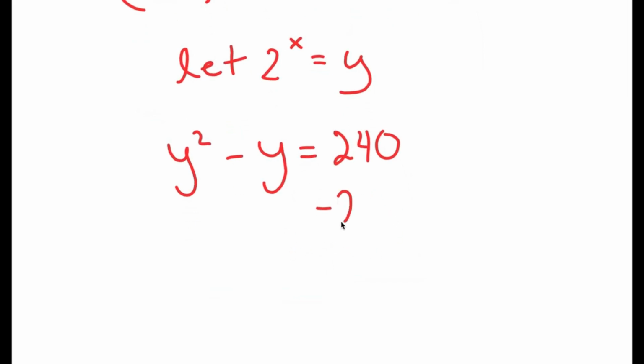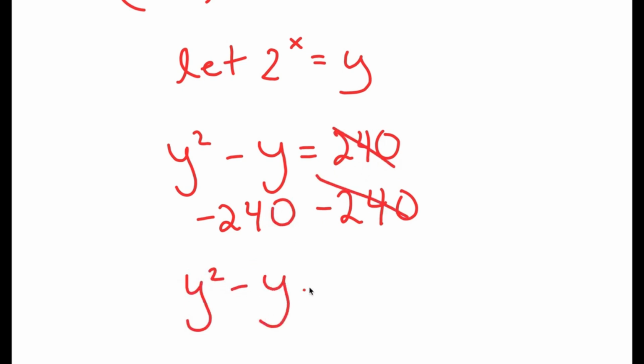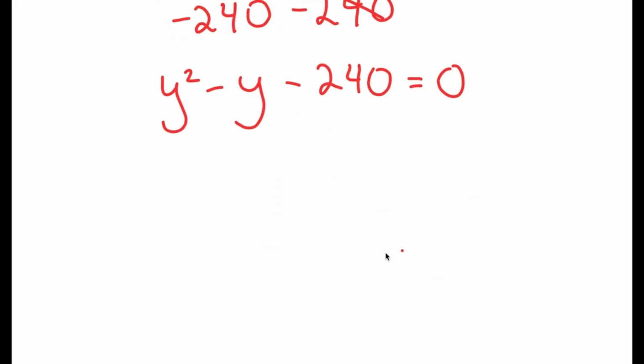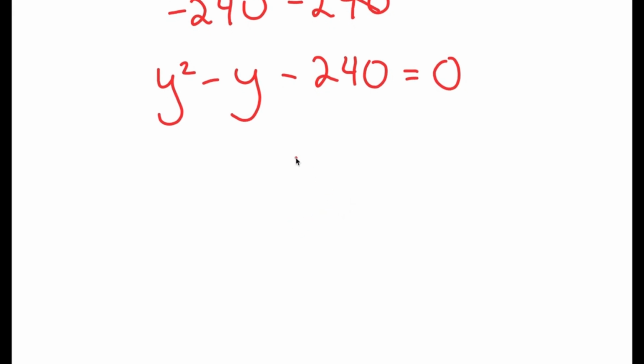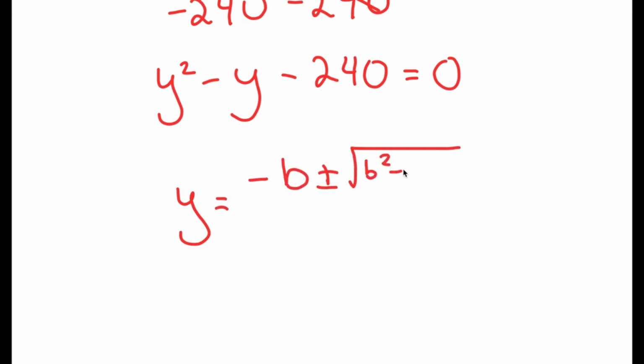And now I can subtract 240 on both sides. So these two cancel out, and I get y squared minus y minus 240 is equal to 0. So what I have here is a quadratic equation. And to find the solutions of this quadratic equation, I can use the quadratic formula. So if you didn't already know, the quadratic formula is negative b plus or minus the square root of b squared minus 4ac all over 2a.